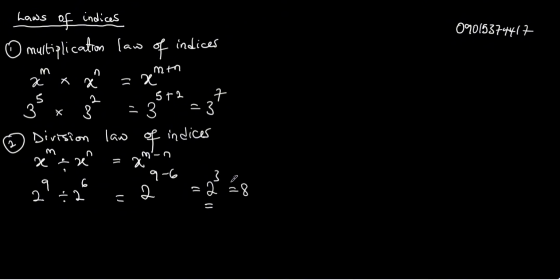Since the index is not big, we can also find the result, which is equal to 8. Remember, we said the index tells us how many times the base will multiply itself, which means 2 raised to power 3 means 2 is multiplying itself 3 times. So 2 times 2 is 4, and then 4 times 2 is 8.